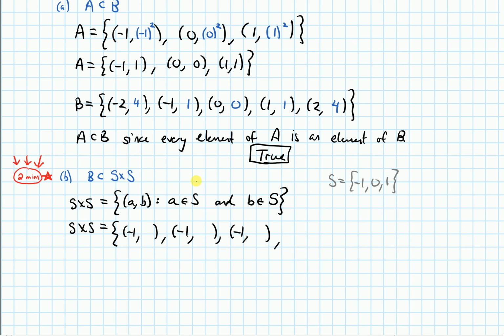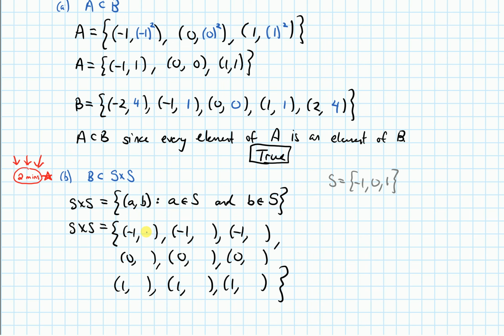And then a could also be 0. If it's 0, I would have three choices for what the second coordinate would be. And a could also be 1. So I'm just going to set it up here, 1 for the first coordinate. Once I choose what a is, there's three choices for b. b could be negative 1, so let me put negative 1s down this column. b could also be 0, so I'll put zeros down this column.